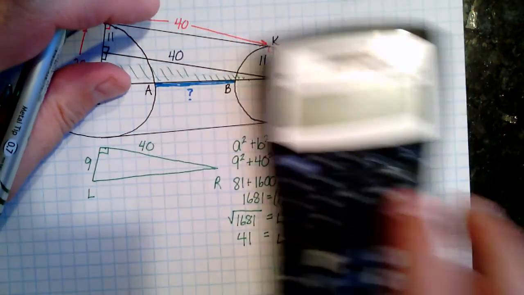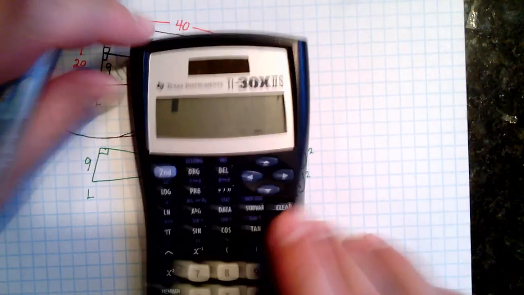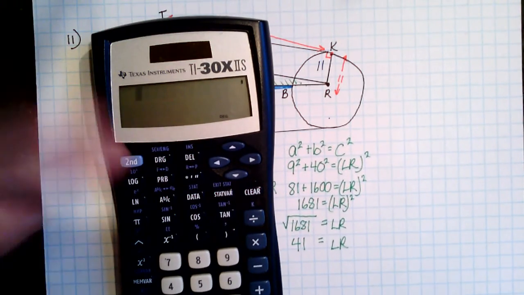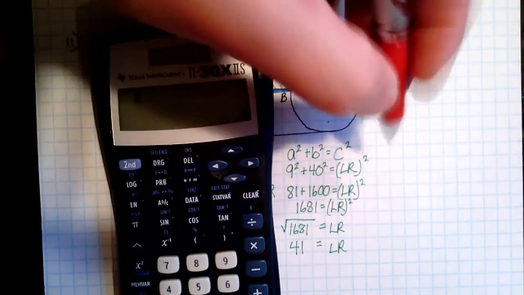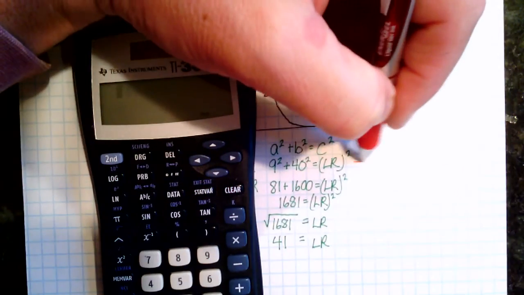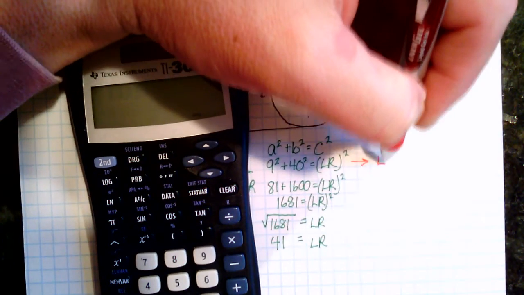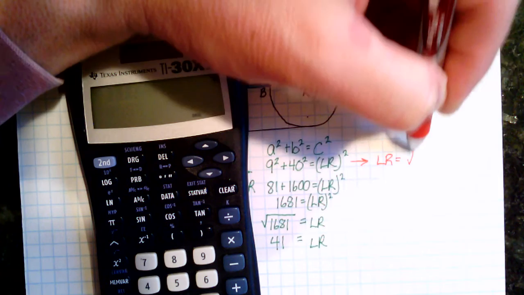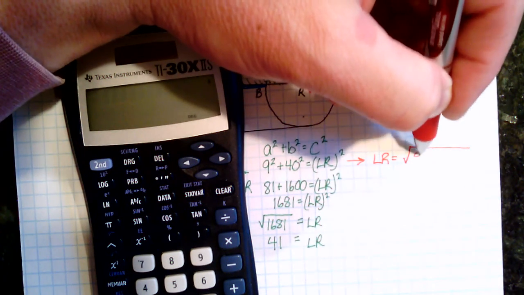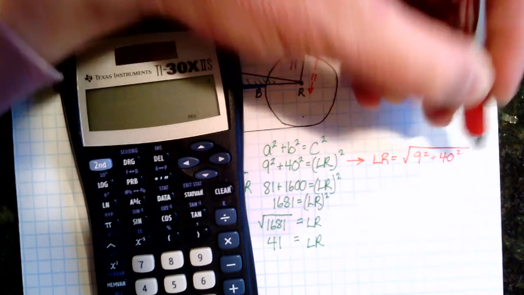Then there's a little calculator method you might want to try here. Right away, you could just take the square root. So another alternate to doing this, at this point right here, you could decide to square root both sides. So you have LR is equal to the square root of 9 squared plus 40 squared.